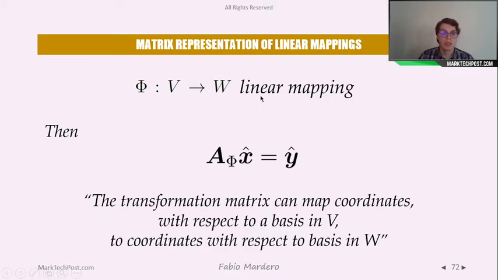We have seen that a linear map phi can be represented with a transformation matrix that, if multiplied by a vector of coefficients, gives the coefficients of the transformed vector that stays in the vector space W. So the transformation matrix can map coordinates with respect to the basis of V to coordinates with respect to the basis of W.